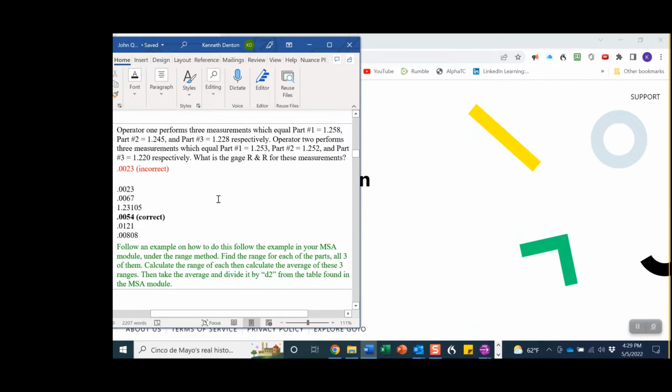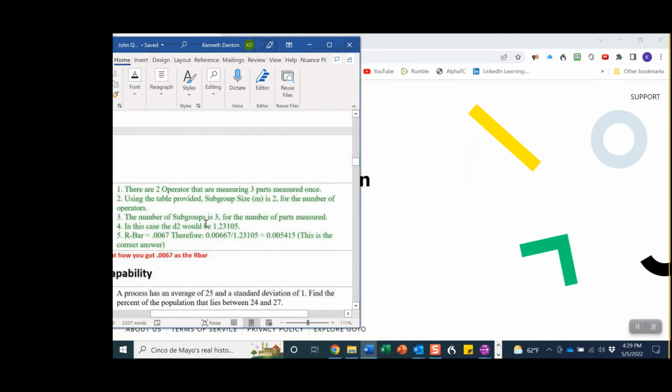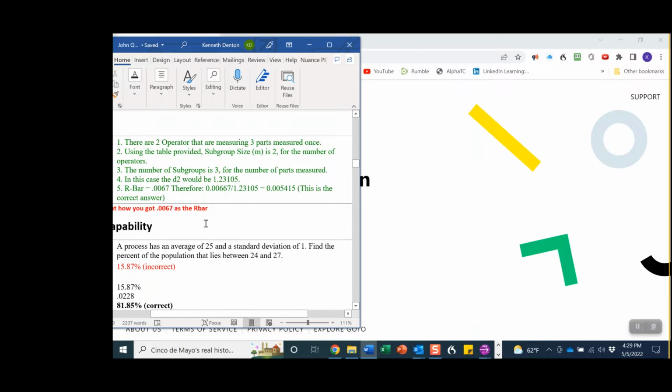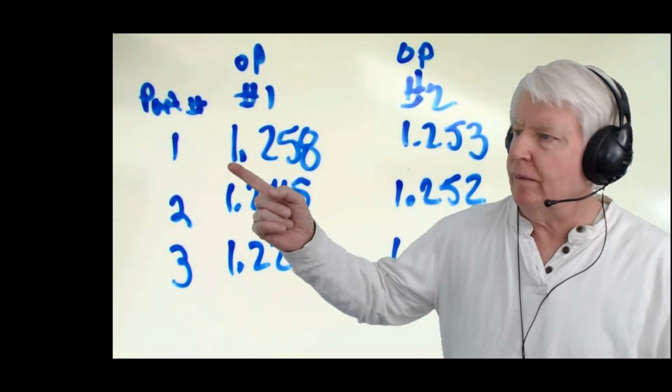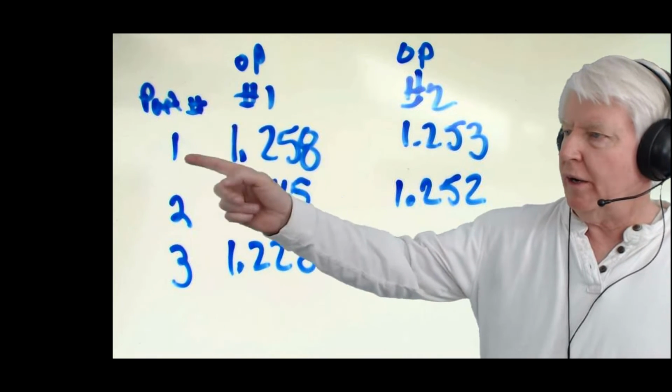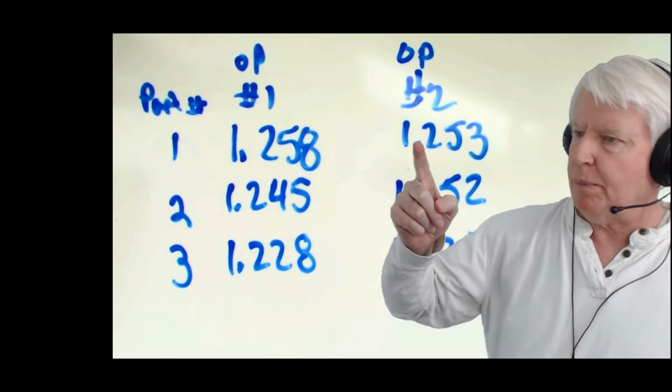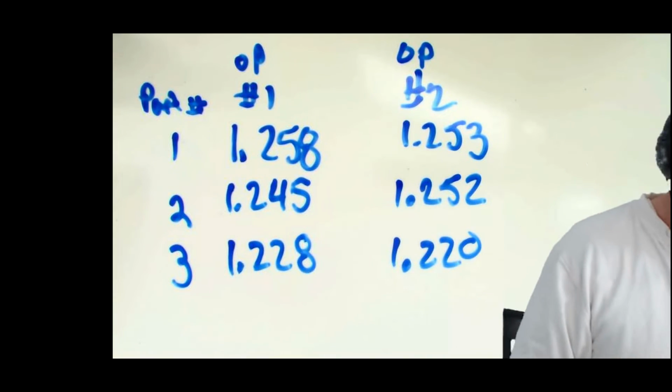Now I'm going to flip back and make me the presenter here. Okay, so here's my table. Operator one measured part number one to be this. Operator two measured to be that, correct?